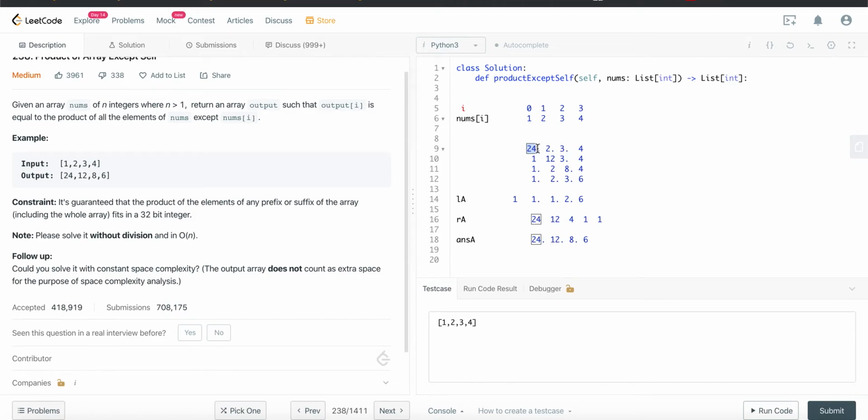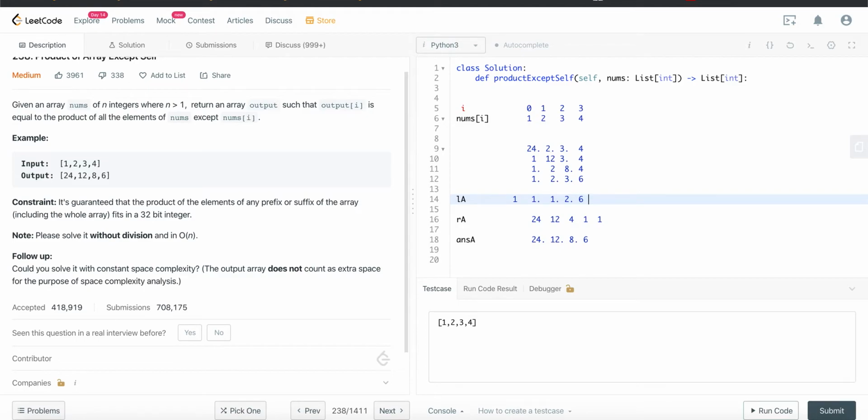At the current index we can multiply the product of all the elements to the left and the product of all the elements to the right. And coming here, you can see I created two arrays, left array and right array. Initially, at index 0, there is no previous element, and we can calculate this by the previous element value into nums of i minus 1.